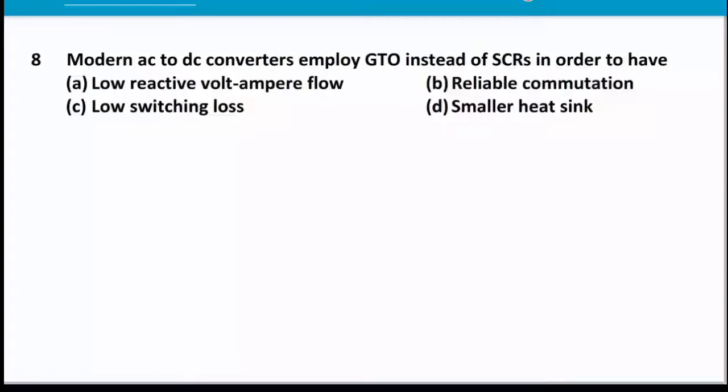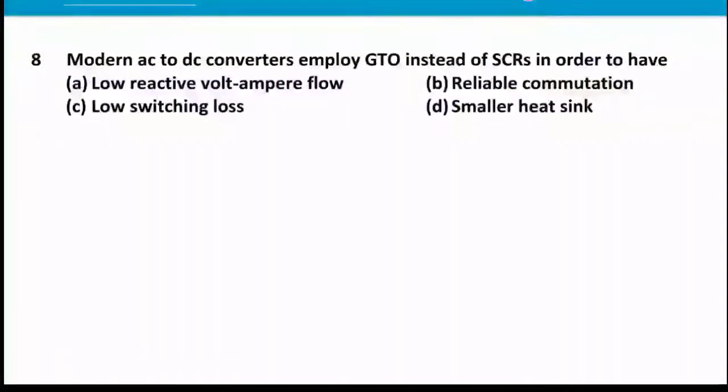Next question, modern AC to DC converters employ GTO instead of SCR in order to have option A, low reactive volt ampere flow, option B, reliable commutation, option C, low switching loss, option D, smaller heatsink.